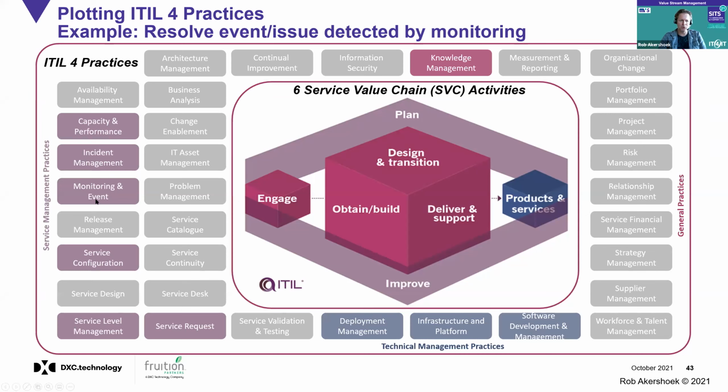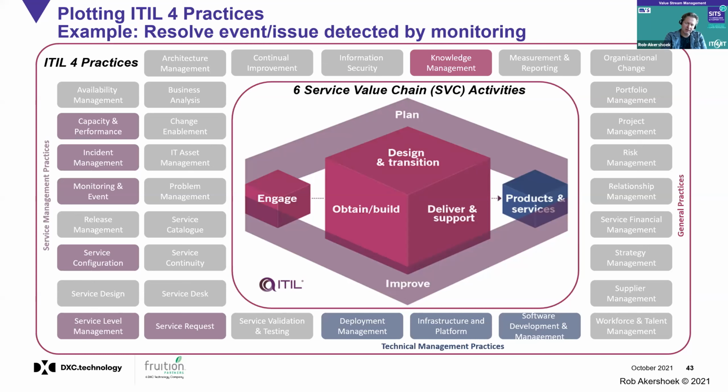So incident management, of course, monitoring, you need a good service configuration, you need maybe to fix an issue, you need a request and then deploy them. And the infrastructure teams are involved and application teams are involved, and knowledge management. So you see there's multiple practices from ITIL you need in these value streams. So this is one of the steps you need to go through.